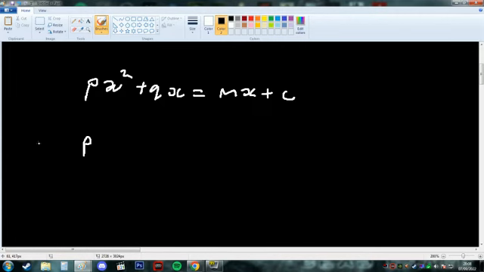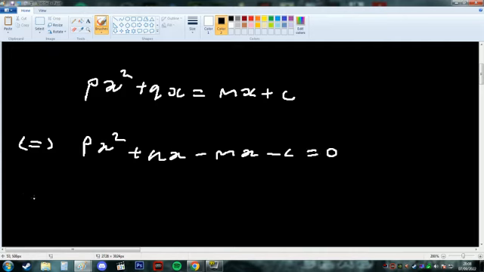Subtract it from both sides. It's equivalent to px squared plus qx minus mx minus c equals naught, which is equivalent to, collecting the terms, px squared plus (q minus m) times x minus c equals naught.